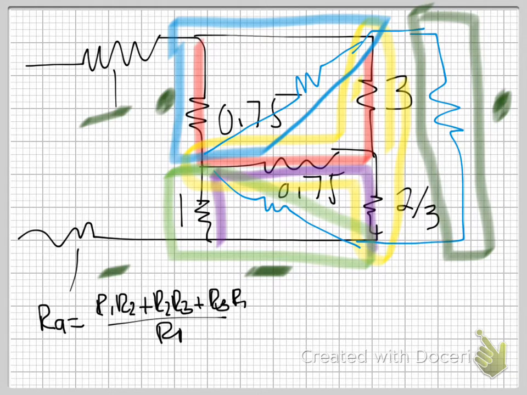So let's say our 0.75 will be 1, therefore that will be A. This will be 2, so that will be B. This is C, so that will be 3.